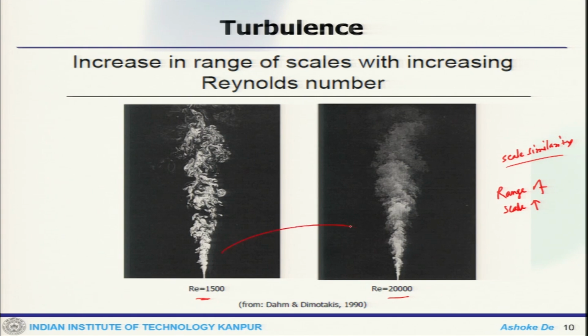That means from this to this, the scale range has gone up. So, you may have similarity of the large scale structure, but that does not guarantee that the small scale structure would be of the same order. There could be a huge increment in the other range of scale, the small scale structures, and this picture very nicely demonstrates that.